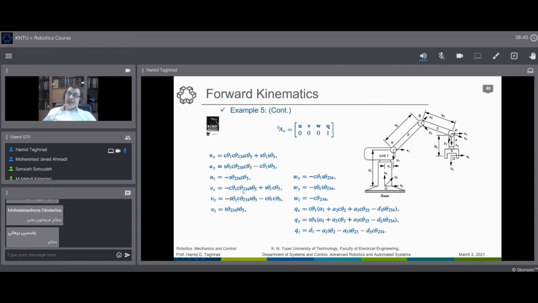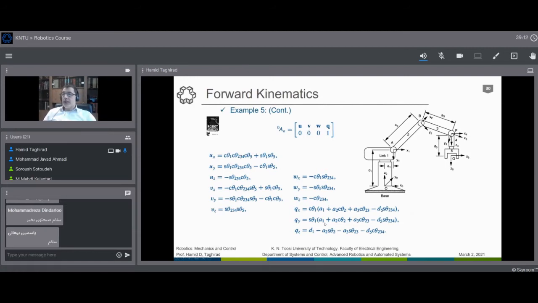So the fifth direction will basically change the V in the rotation. And the Q value is also component-wise, depending on all the offsets and the lengths and the twist angles that we have here. As you see, we have A1, A2, D5, and all the angles going in.